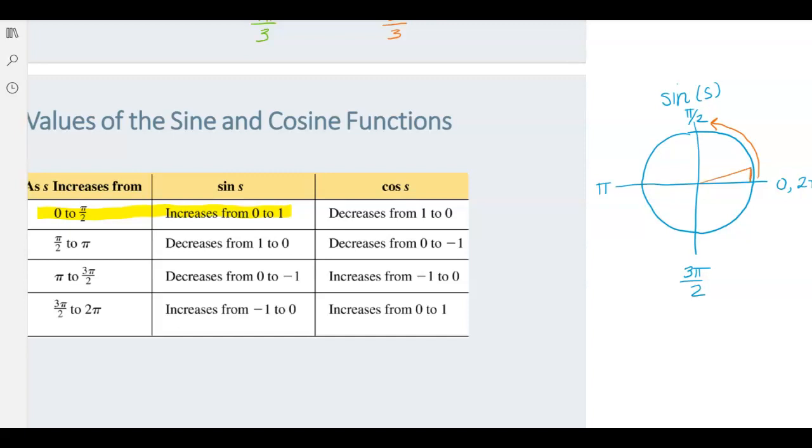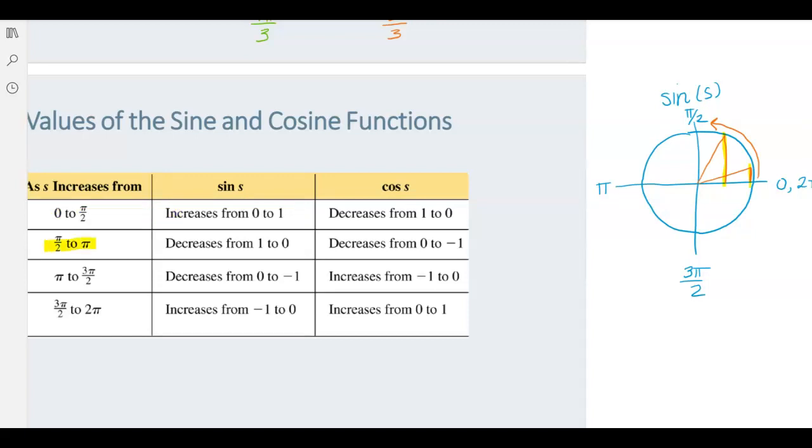So if I think about a triangle, and the sine is the y-coordinate, right? This value or this value. Yes, I can see that the sine is increasing, right? It starts at 0 and it's going up to a maximum value of 1.